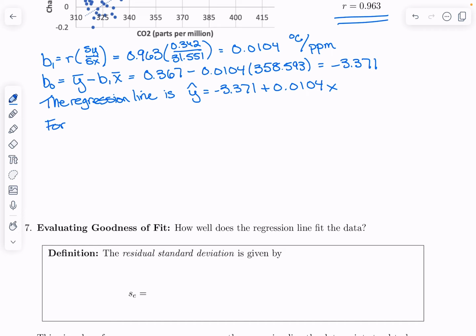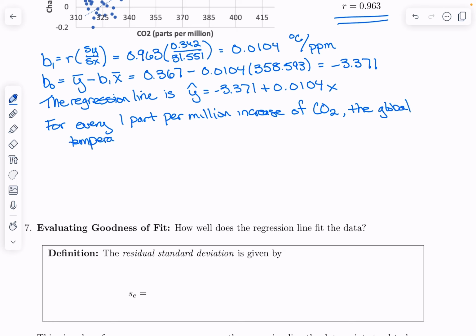Well, the slope says for every 1 part per million increase of CO2 in the atmosphere, the global temperature increases 0.01 degrees Celsius on average.